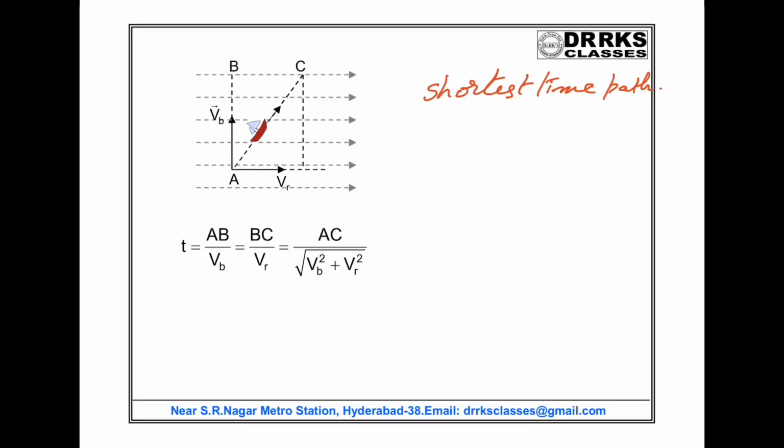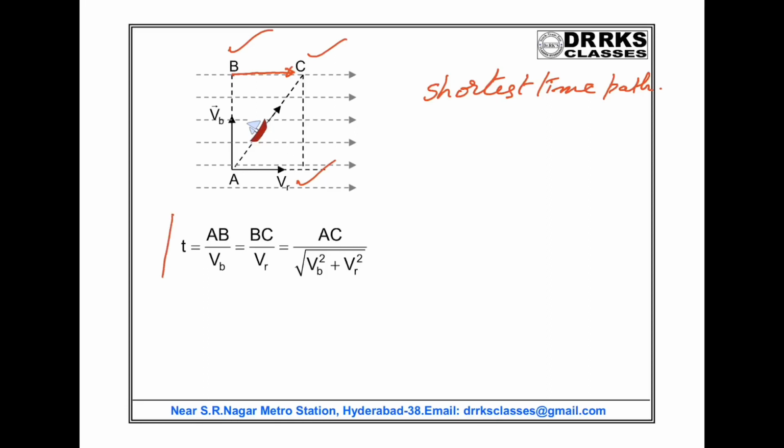If the man drives the boat along AB, that is, the target is B, he reaches point C due to the velocity of the river. Here, BC is called drag, water drag. So he reaches the other end.